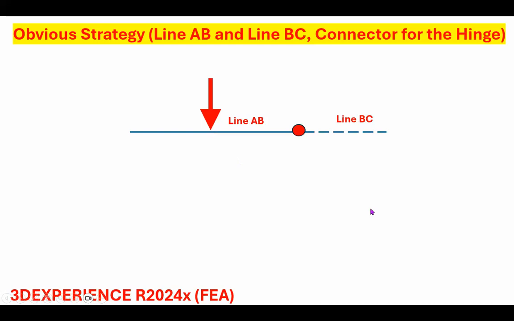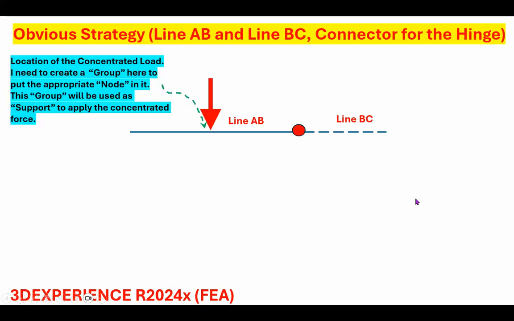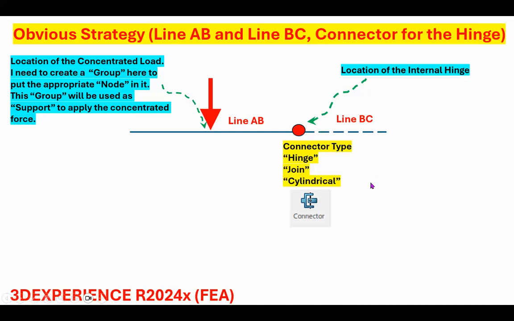We already talked about these things in earlier videos. Now the internal hinge is going to be done at that location, and I'm going to be using a connector. I have to use a connector in 3D Experience / Abaqus, which can be any one of these: a hinge, joint, or a cylinder, and I'll show you that regardless of which one you use, you get the exact same value for the displacement at the hinge.